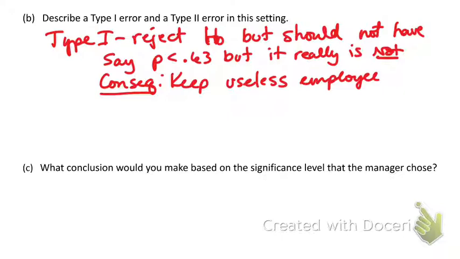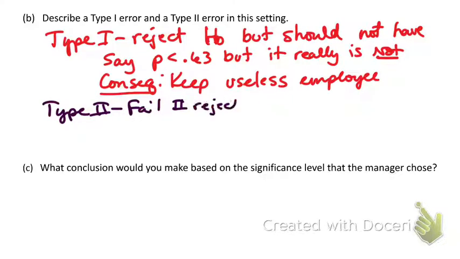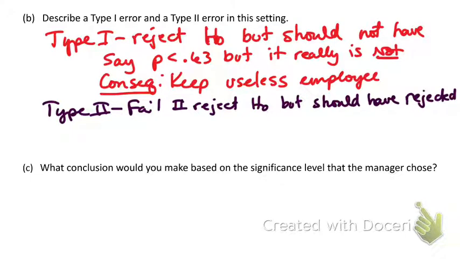All right, what's type 2? Type 2 error. This is when we fail to reject the null hypothesis, but should have rejected it. Okay, so in this situation, what have we said about the alternative? We don't say that p is less than 0.63, but it really was.